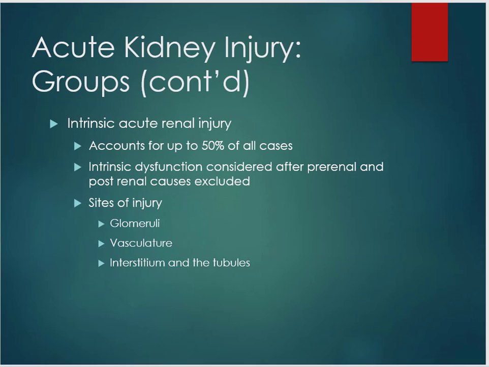We know that the majority of acute renal injuries are intrinsic, and they make up about 50% of all cases. Most of these are considered after pre-renal and post-renal causes have been excluded. The sites of injury for intrinsic acute renal injury may be the glomeruli, the vasculature, or the interstitium and the tubules.